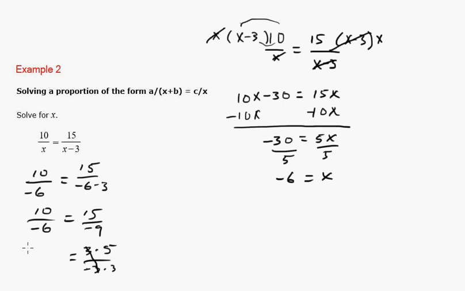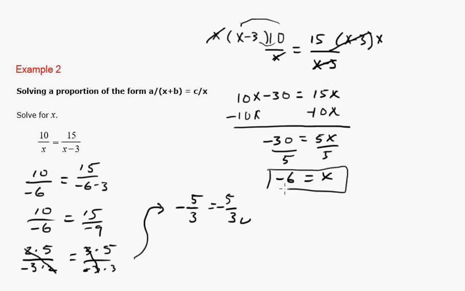And over here you could say I'm going to get 2 times 5, and negative 3 times 2. So the 2's cancel. So this is going to become a negative 5 over 3, and this is a negative 5 over 3. So the negative's down here. And so that balances. So this is the correct solution.